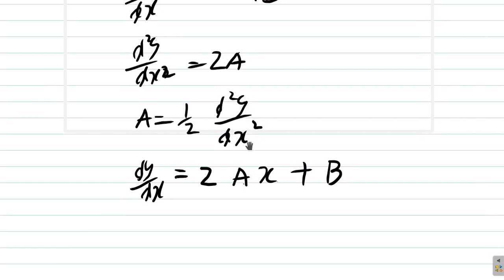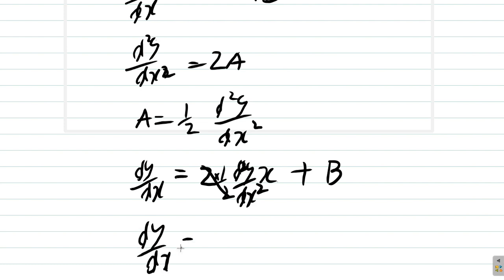A is half d squared y by dx squared. So let's get rid of this a here, and we write 2 times half d squared y by dx squared. 2 times half is 1. Alright, so that's gone. And then what we have is dy by dx is equal to this x, let's put it in front. So we have x d squared y by dx squared plus b. Alright, so that's what we have there.